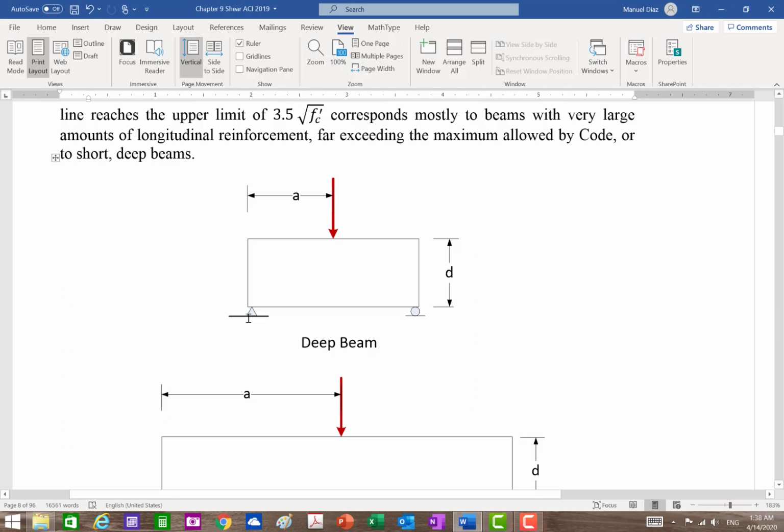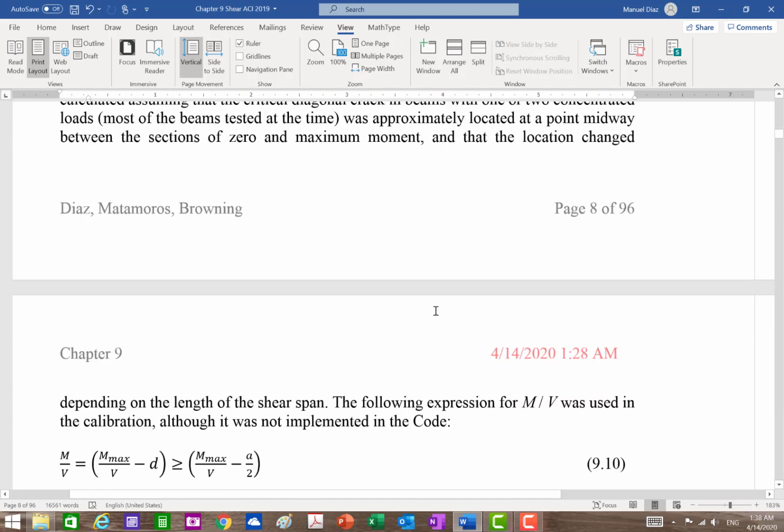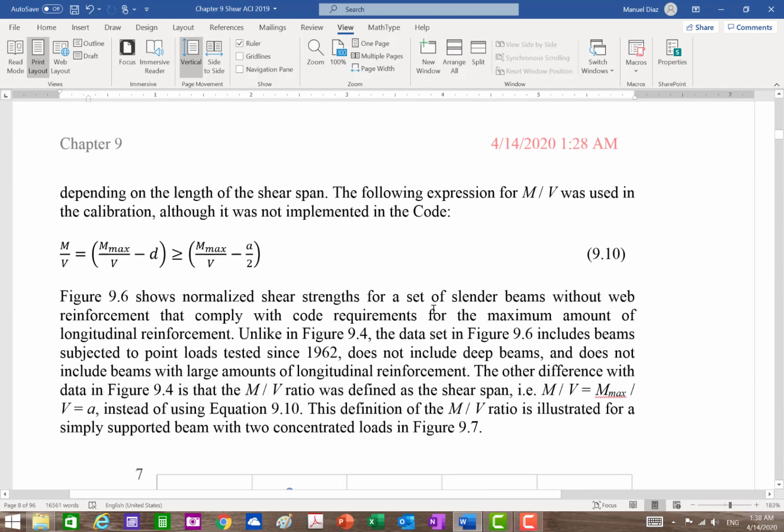So if you have a point load, it's easy to find that value, but if you don't have a point load, then it's moment divided by shear. That's a good thing to know.